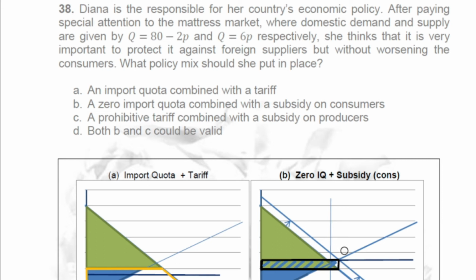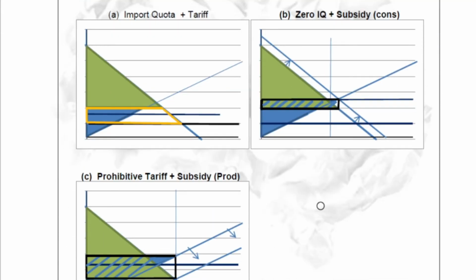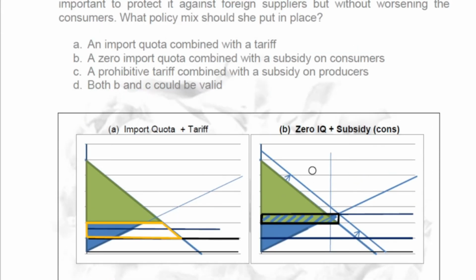So well, this could be the correct answer. Well, a prohibitive tariff combined with a subsidy on producers, well, the same.